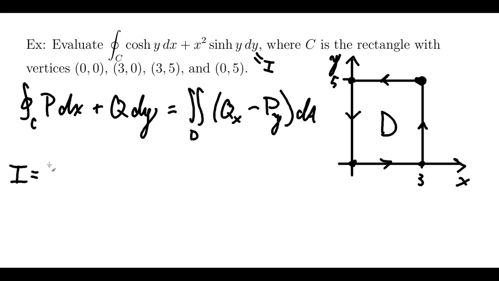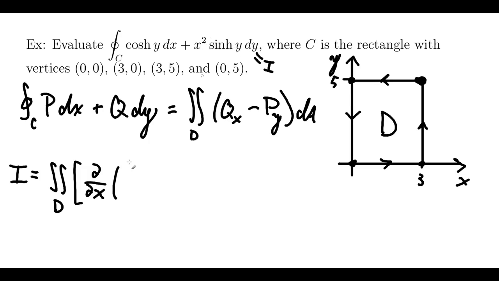So if we take this original integral up here, and let's call that I, now we can say that I is equal to, so the form that we have is in that P dx plus Q dy form. So we can now apply Green's theorem here and say that this will be the double integral over D of the partial derivative with respect to x of Q, which represents the integrand attached to dy.